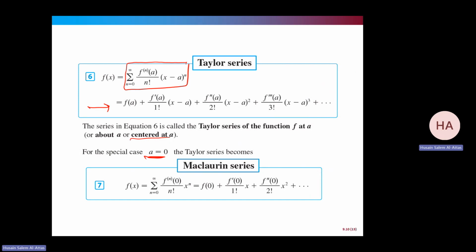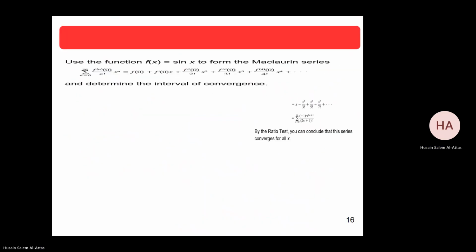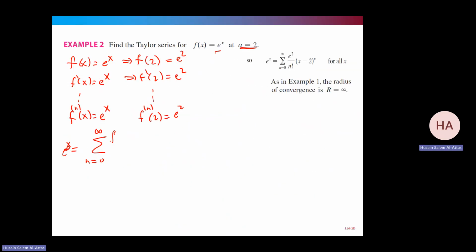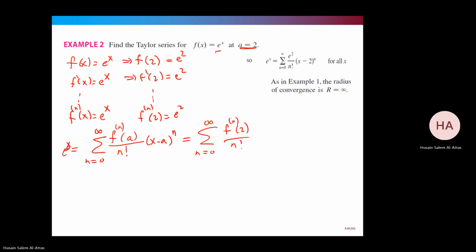Let me write it using this series. It will be the summation of the n-th derivative at a, I'm using a here, over n factorial times x minus a to the power n, which is this series, n equals 0 to infinity. But then the derivative at 2, a is 2. Calculate the n-th derivative. Let me write it. x minus 2 to the power n.